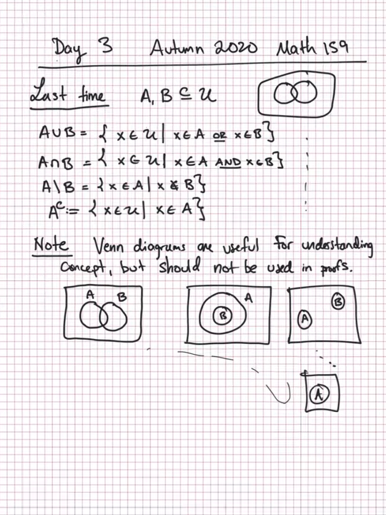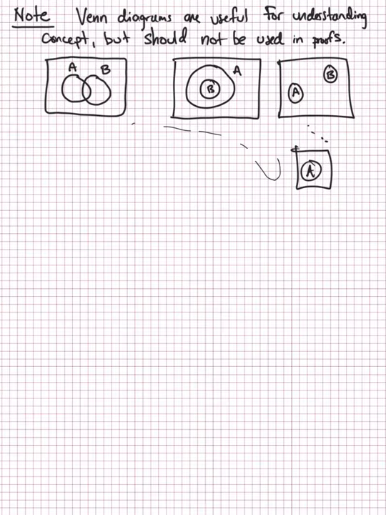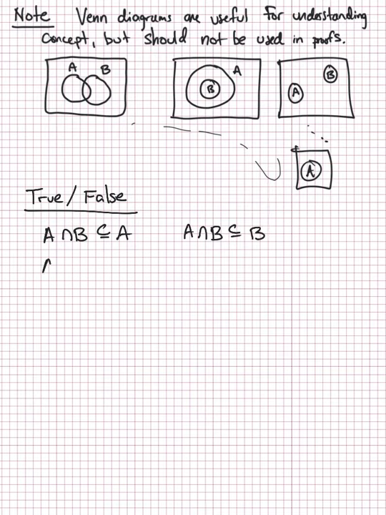Okay, so let me now go and play my favorite game again, which is, of course, true-false. So let's see. The first will be: A intersect B is contained in A. A intersect B is contained in B. A minus B is contained in A. A minus B is contained in B. Notice all of these are sets, so it makes sense for me to use the containment symbol.